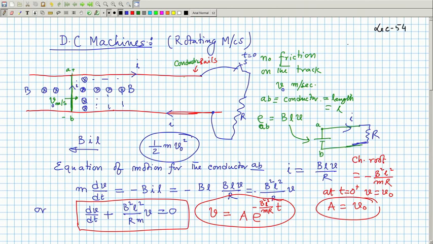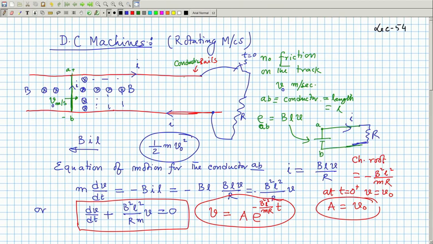basic ideas clear, we considered a simple linear DC machine, where a single conductor is present, that is the green line, and suppose it is moving over red frictionless rails from left to right at a velocity v naught meter per second, and suppose this switch is opened initially.